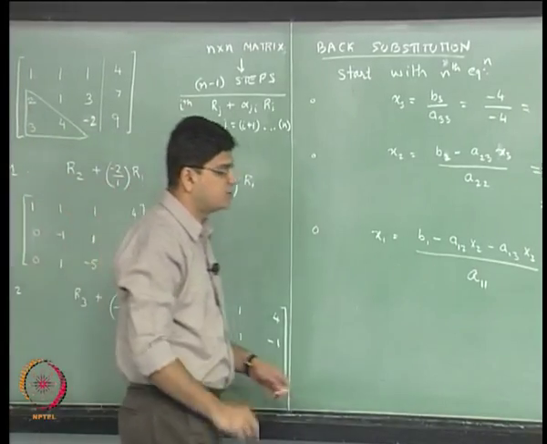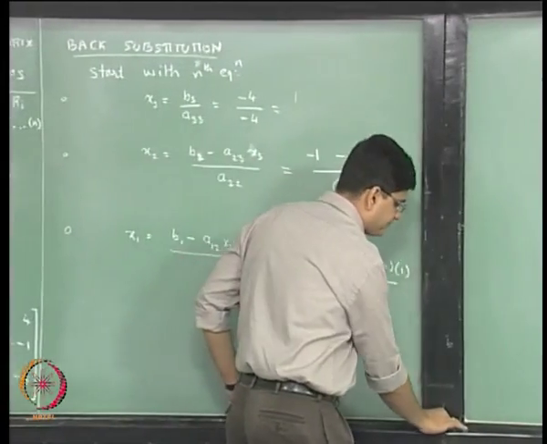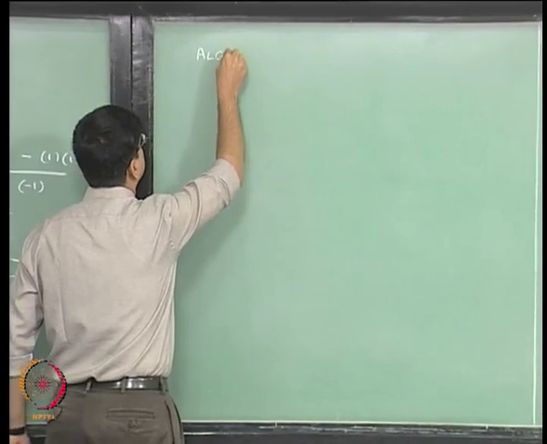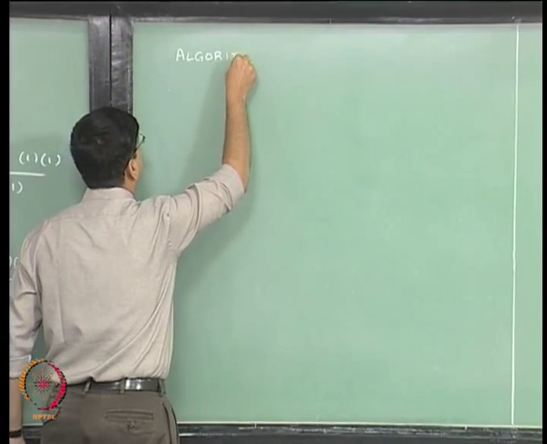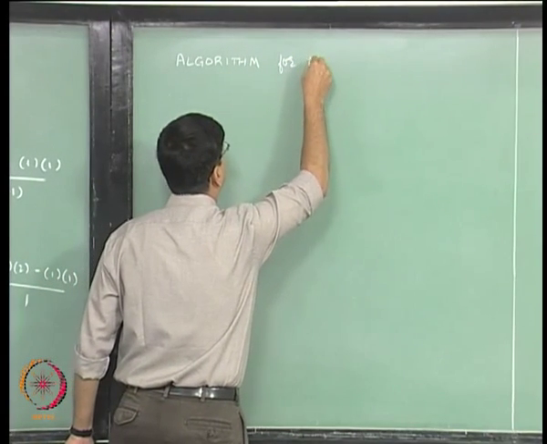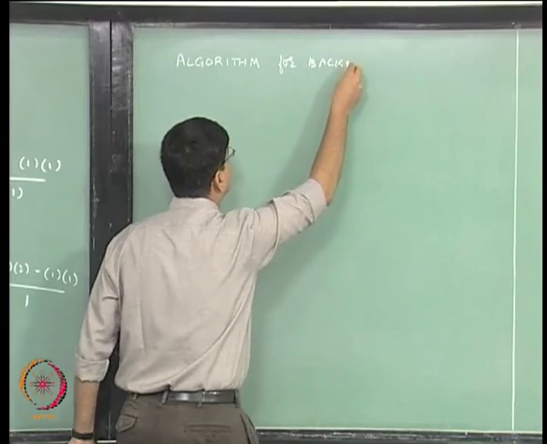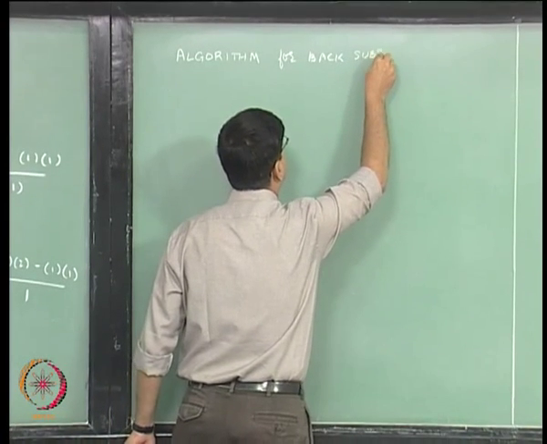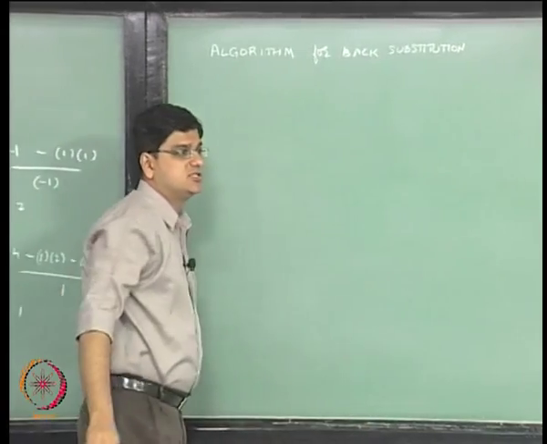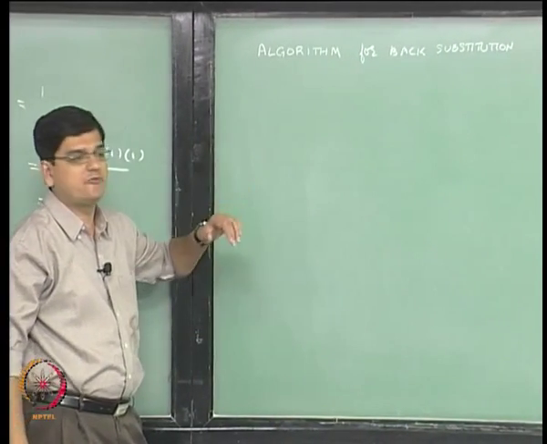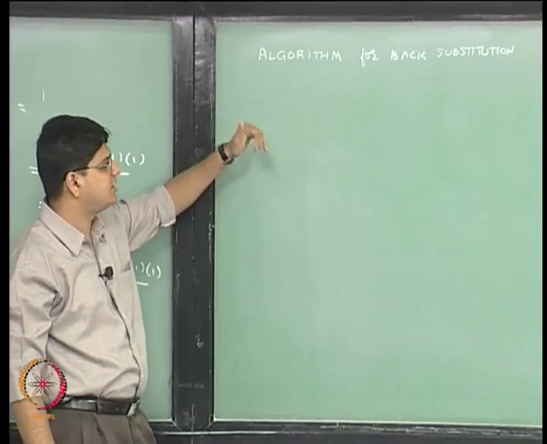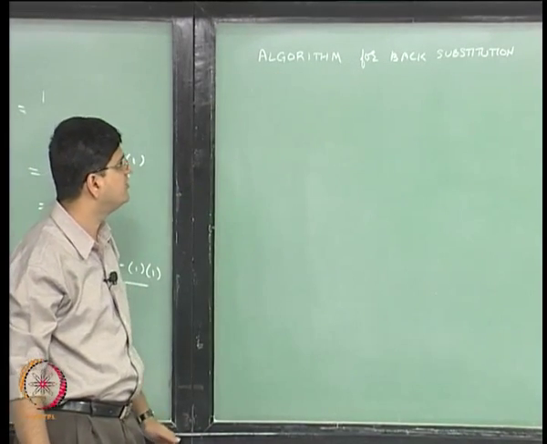Okay. So that is the overall Gauss elimination with back substitution for general n by n equations. So writing down the algorithm for back substitution, in the back substitution step we let i go from n to n minus 1 and so on up to 1.